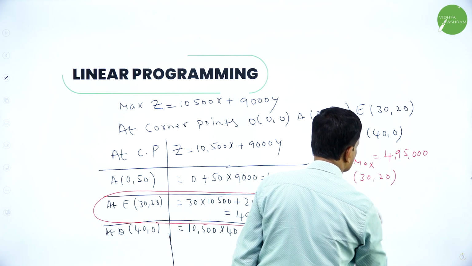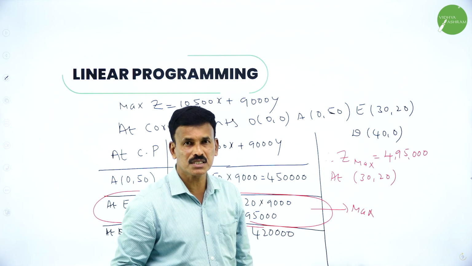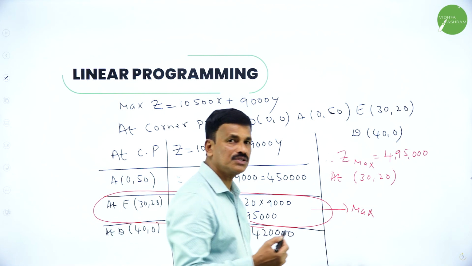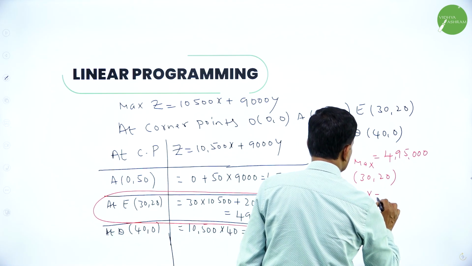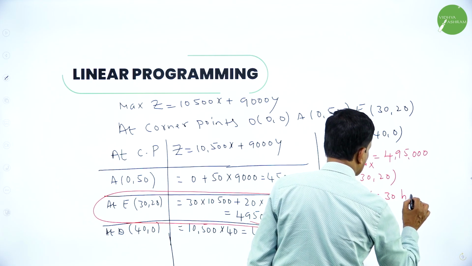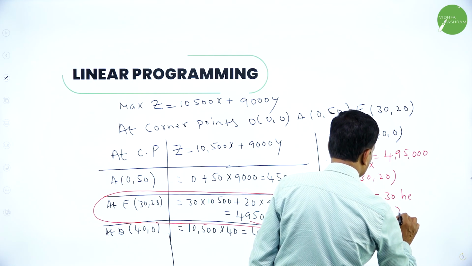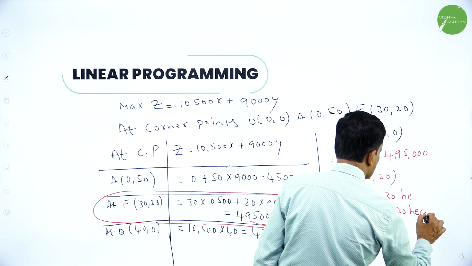That means 30 hectares of X and 20 hectares of Y. That is, X is equal to 30 hectares and Y is equal to 20 hectares.